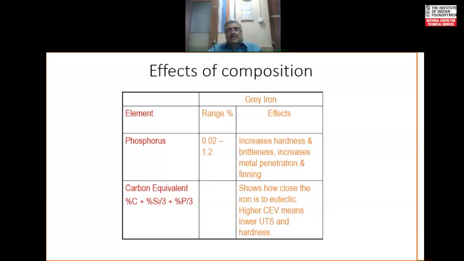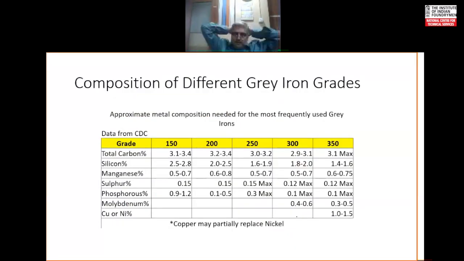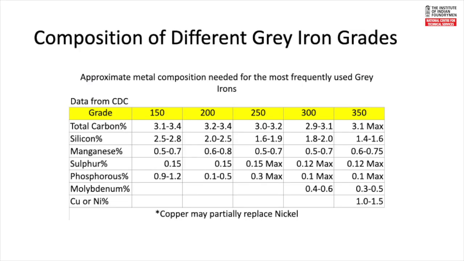Here is a table which I have taken from the Casting Development Center, which was earlier known as BCI, British Cast Iron Association. And as you can see, for producing different grades, 150, 200, 250, 300, 350, what is the typical composition and range that one has to keep in order to get these grades? This is one of the key parameters for the control.